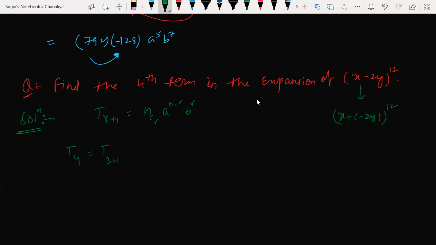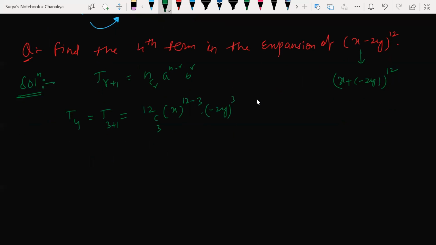That is how I can find the r value. So n C r, n is 12, 12 C 3, into a is x, so 12 minus 3, into b to the power of r. What is r? 3. Correct? So just solve this now.